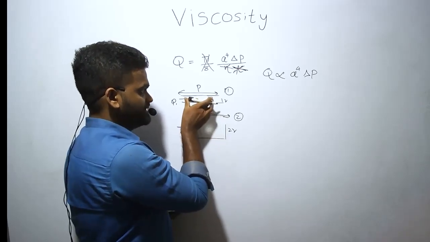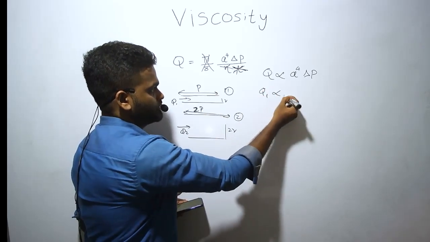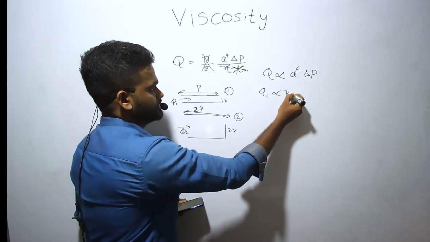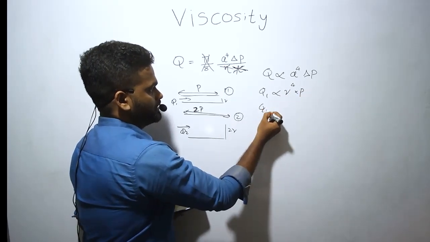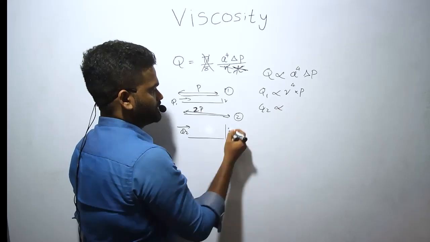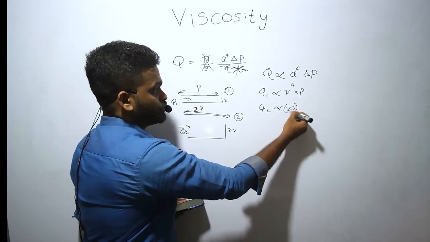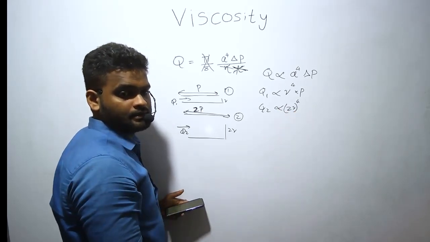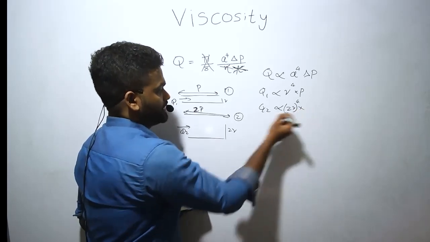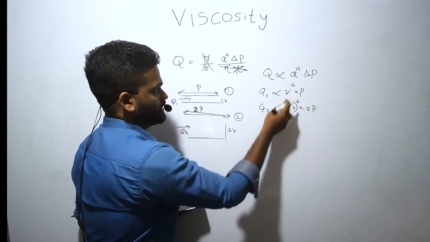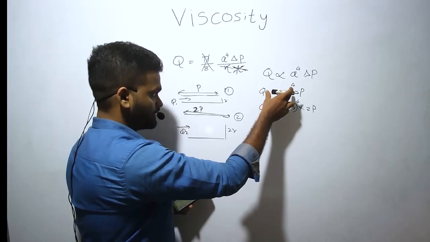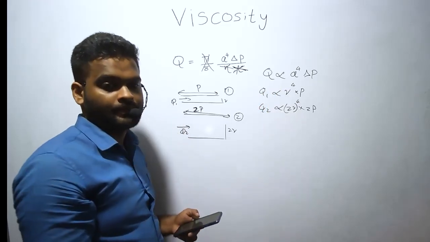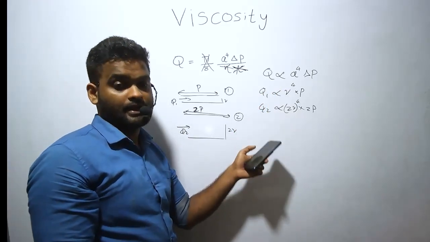If you apply it to this case, Q1 is proportional to radius to the power 4, delta P is P. Then for the other case, Q2 is proportional to 2R to the power 4, right? Pressure difference is 2P. Then you can divide in order to find the ratio.